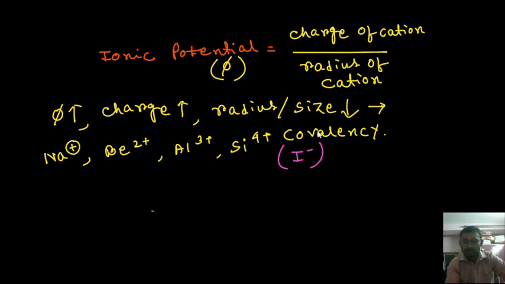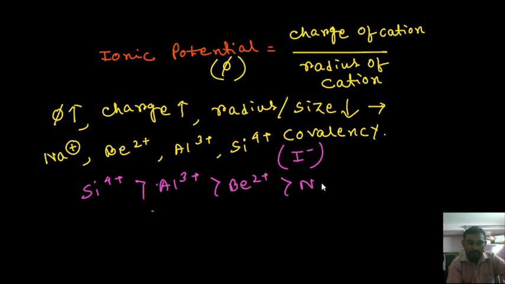What will be the polarizing power order, or the covalency order? As the charge of the cation increases, phi increases, that means the covalency increases. So the covalency order will be Si4+ is the maximum, then Al3+, then Mg2+, then Na+.